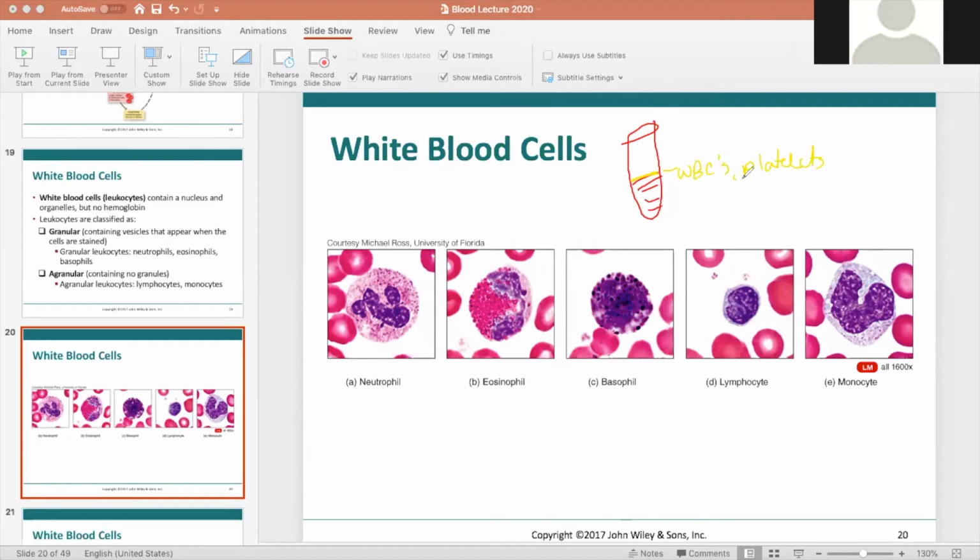But within this buffy coat, of the white blood cells, we see that we have neutrophils, eosinophils, basophils, lymphocytes, and monocytes. So we have 5 different types of white blood cells. When we think of the white blood cells, we think of our immunity, right?